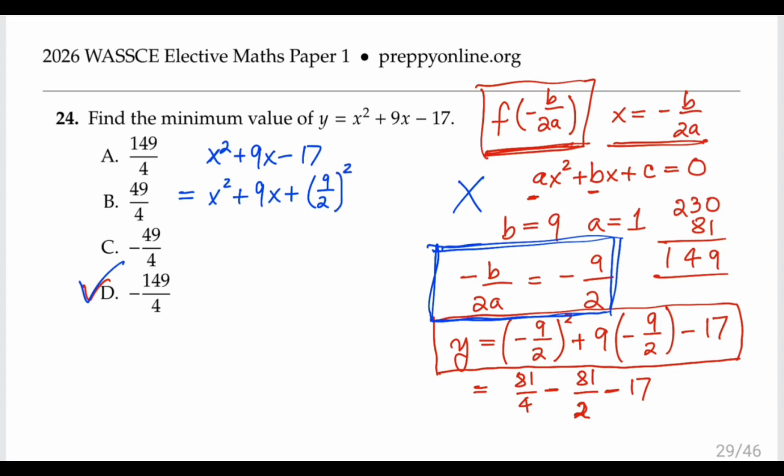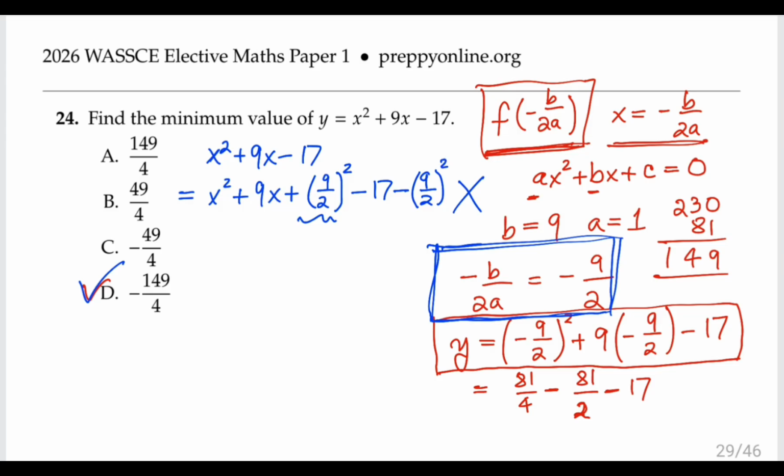We square that, and then we have our original minus 17. But then, because we've added this quantity, we have to subtract it if we don't want to change what the original expression was. So that's a little trick, but it's not really a trick.